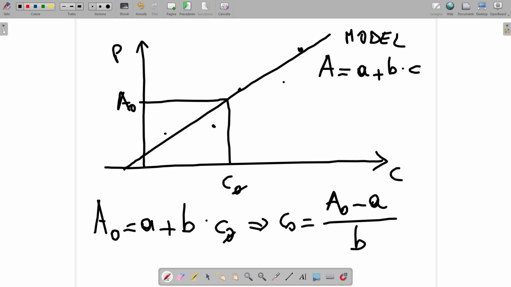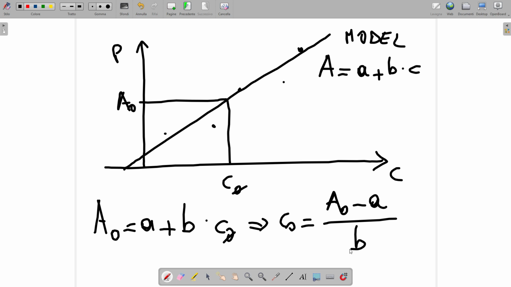What is less simple is to associate to C0 the absolute error, that is calculating the confidence interval for the interpolated concentration. And in order to describe how to obtain this confidence interval, we can discuss in a similar way as we did for the intercept and the slope.